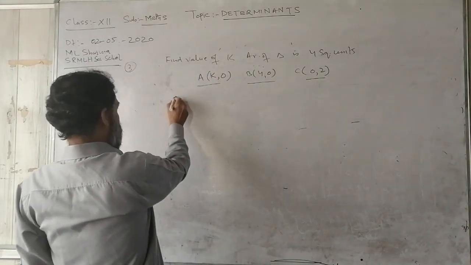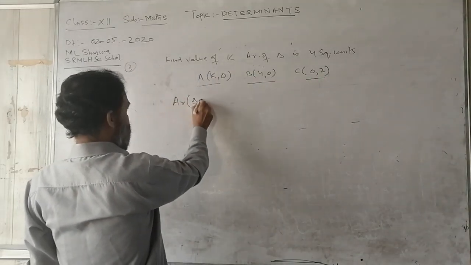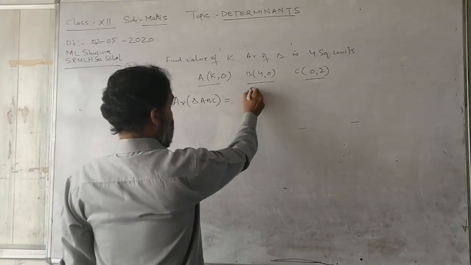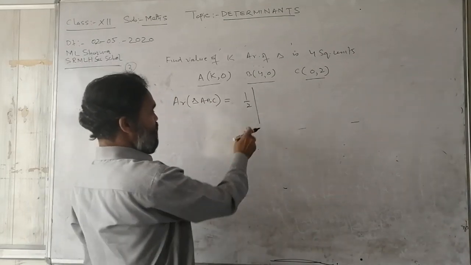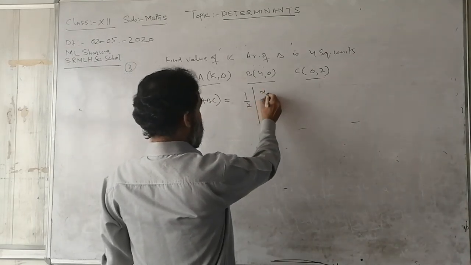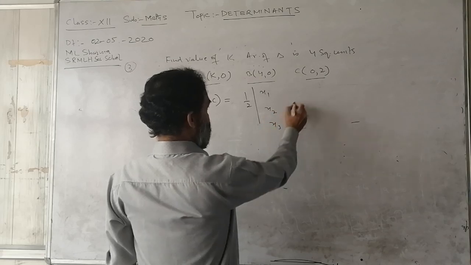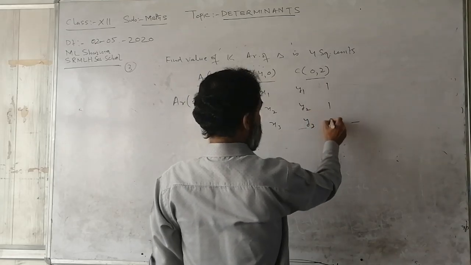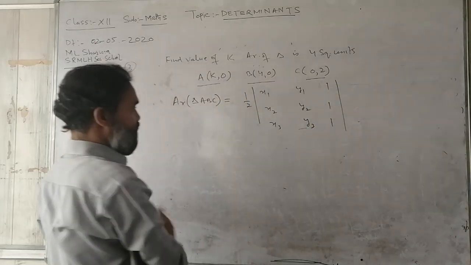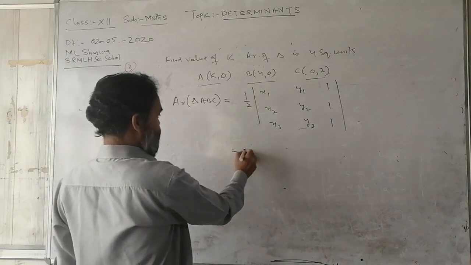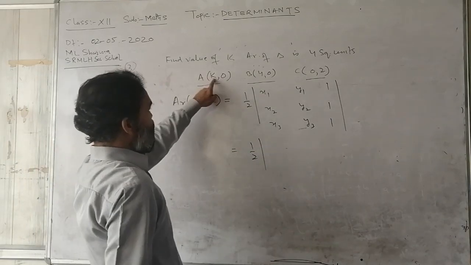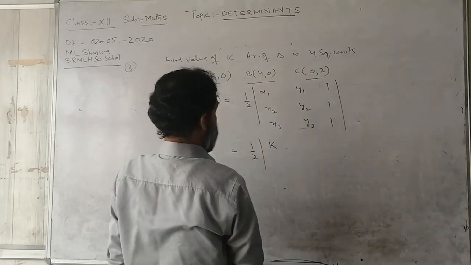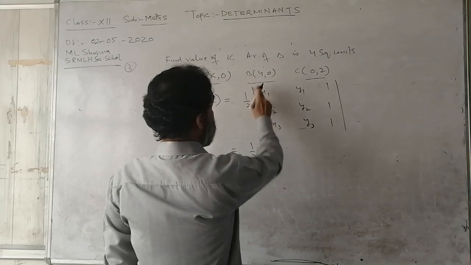You will apply the formula, area of triangle ABC is equal to the same formula which was used in the previous question. So it is x1, x2, x3, y1, y2, y3 and 1, 1, 1. This formula is to be used. So I can write this as x1, x2, x3, that is k, then 4, then 0 here.